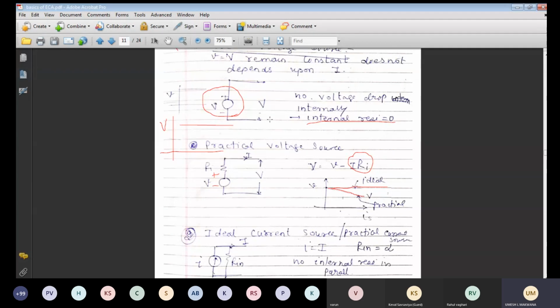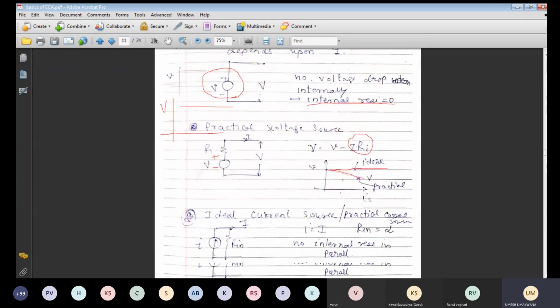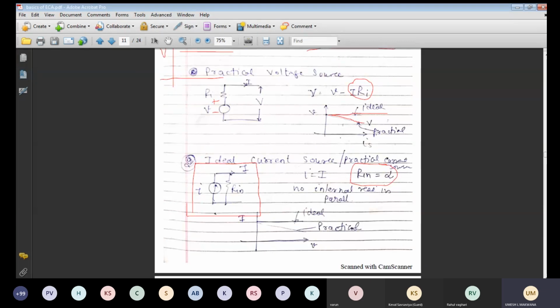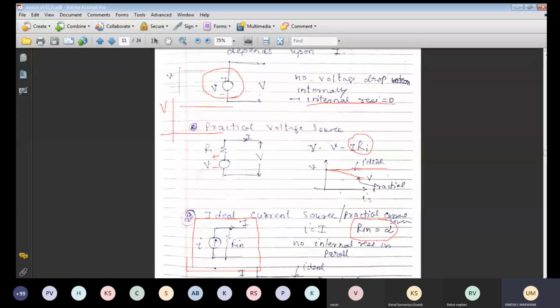So this is all regarding the practical independent voltage source. Now the current source can be represented like this; this is the equivalent circuit of the current source. The ideal current source has R in, the internal resistance, equal to infinite, while in a voltage source the internal resistance is zero.